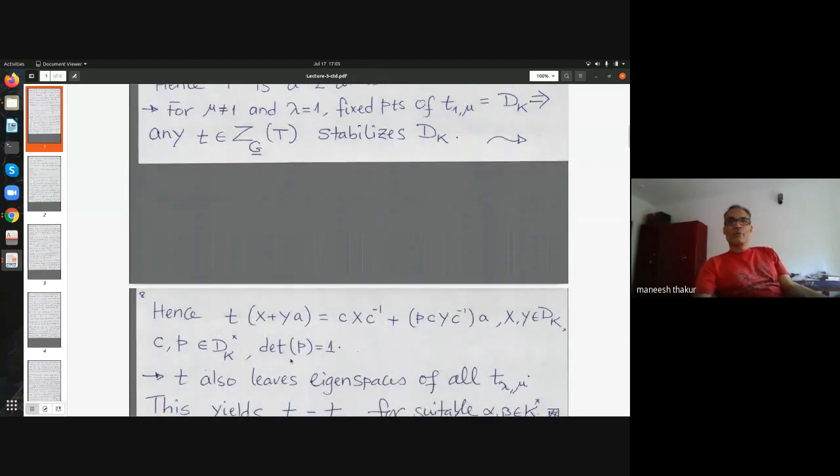Once you conclude this, I already noted that this subgroup is of type A1 cross A1, and this is a torus there. So it already follows from there. You're right.